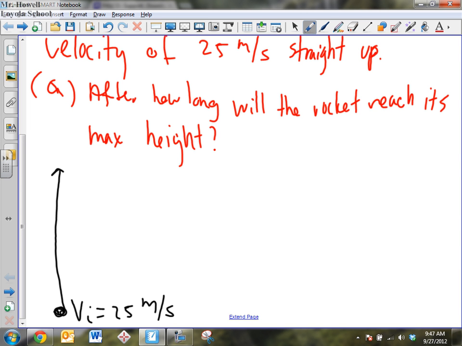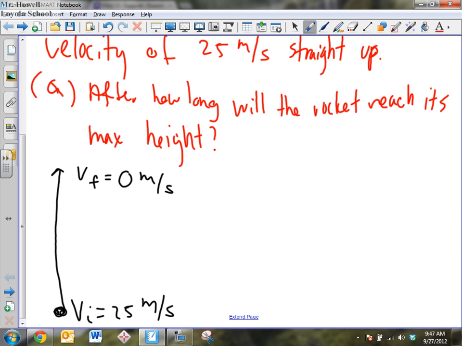I know that the initial velocity is 25 because it says it was fired with 25. Now, your initial is 25, at the top it's 0.